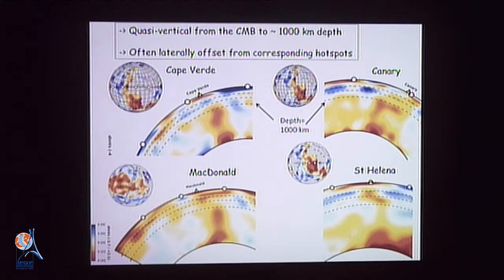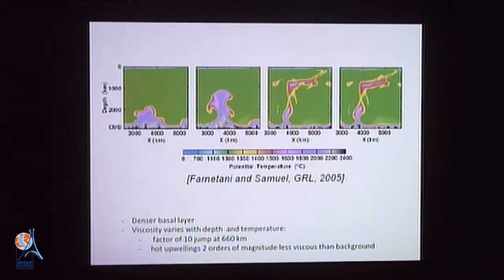And one point I'd like to make is that there is no strong evidence for mantle wind at depth in the lower 2,000 kilometers of the mantle. So models that try to link this to geodynamical models with mantle wind in the whole mantle, I think, are not really correct, and if there is mantle wind, it should be limited to the upper 1,000 kilometers.